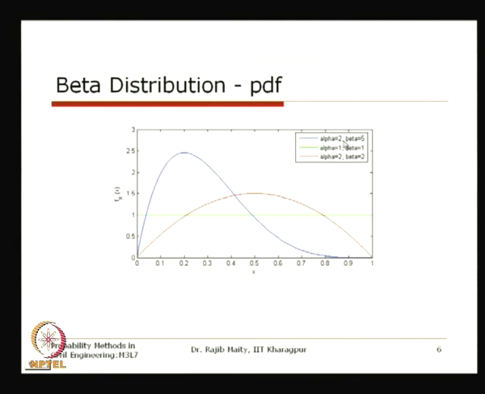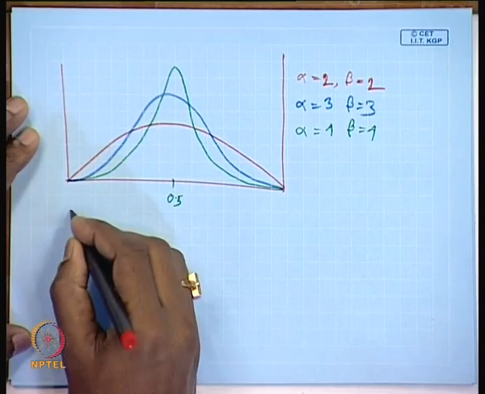In fact, for any alpha which is less than beta, the distribution will be positively skewed, and it is the opposite if we change this relation: when alpha becomes greater than beta, it will become negatively skewed.